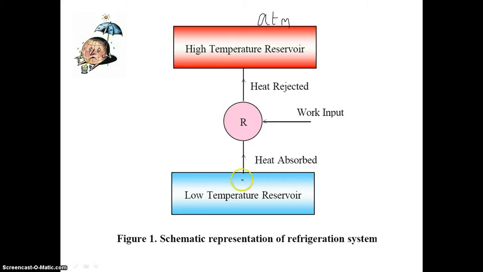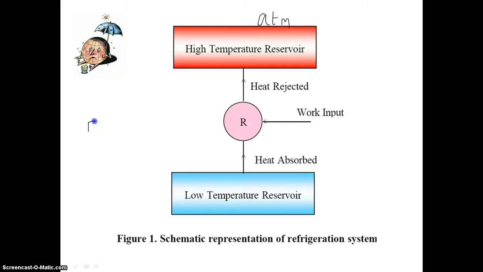This refrigerator removes a small amount of leakage heat from this reservoir, and it takes the work input and converts this work input and heat absorbed into total heat, and it rejects it to the atmosphere. Here the work input is the electrical energy supplied. This is a schematic representation of refrigeration system.